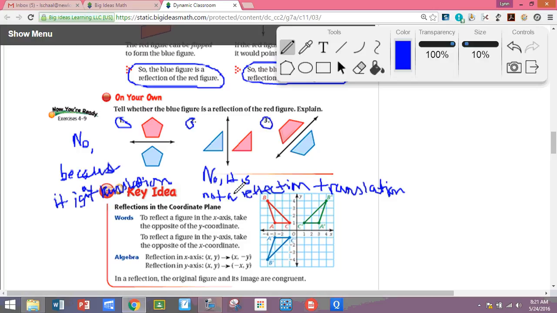Number 3, is number 3 a reflection, the red to the blue over that reflection line? In that situation, it is. Yes, it is. Why is it a reflection?